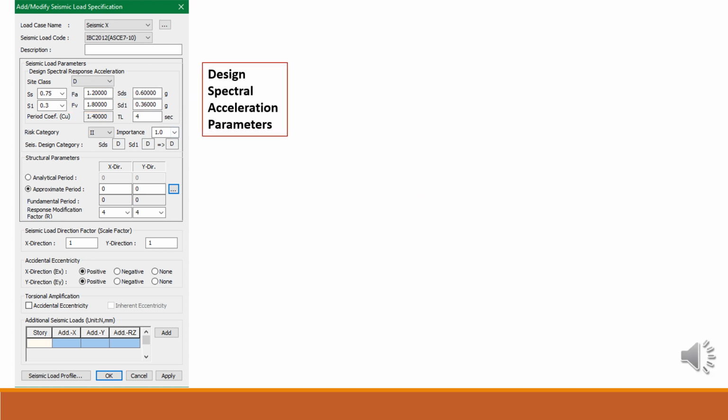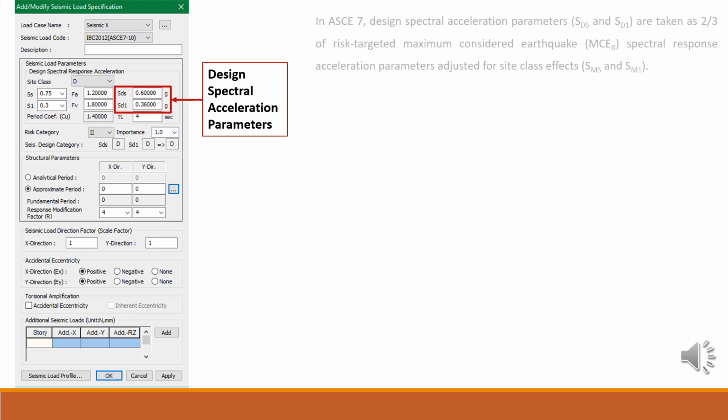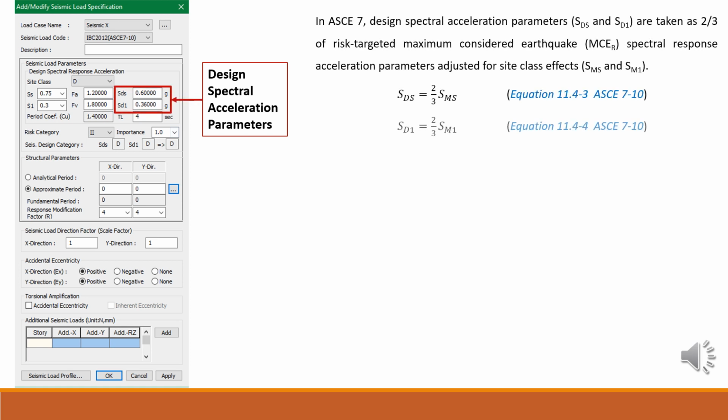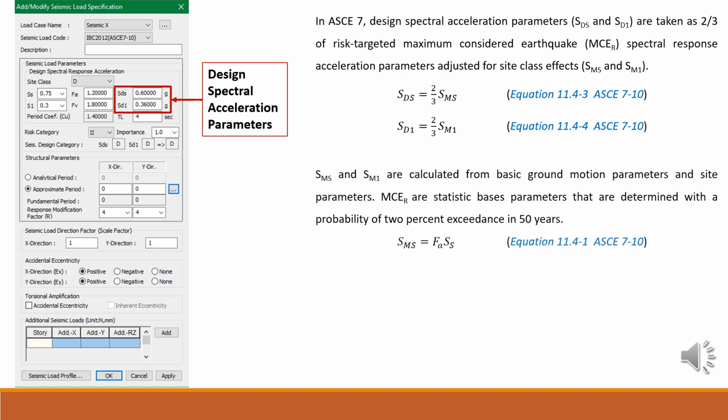Now, we need to calculate design spectral acceleration parameters. In ASCE 7, design spectral acceleration parameters, SDS and SD1, are taken as 2/3 of the risk-targeted maximum considered earthquake, MCER, spectral response acceleration parameters, SMS and SM1.